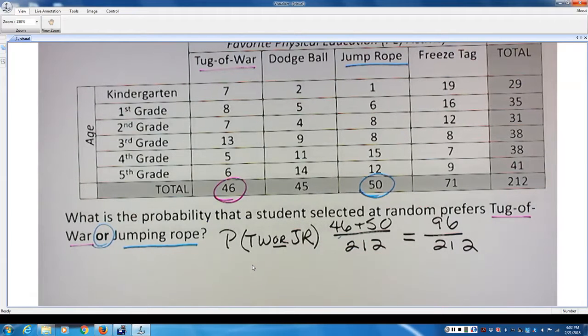So the probability that they preferred tug of war or jumping rope was 96 kids out of 212 kids total. Okay?